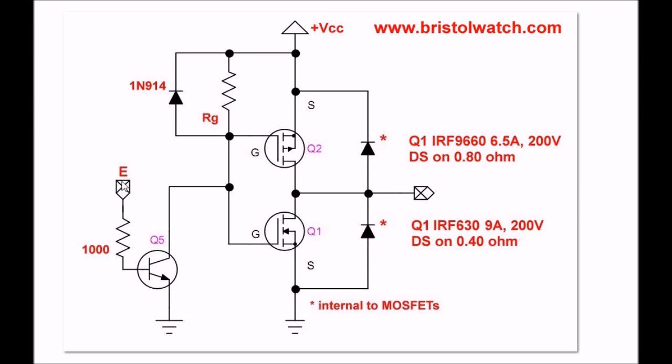I put a high in E, I turn on Q5, the gate voltage drops to 0, and Q2 will switch on, and it switches on hard and fast. It has 0.8 ohm forward drain-source resistance.